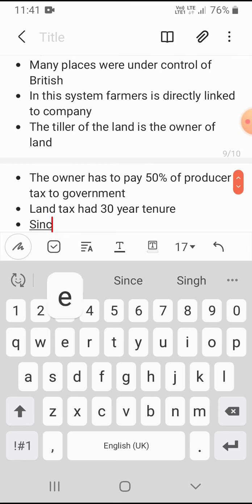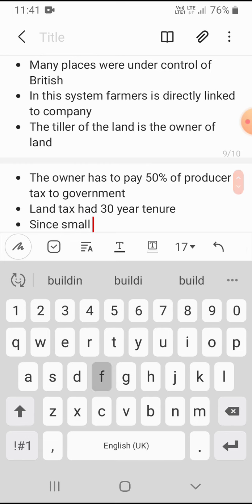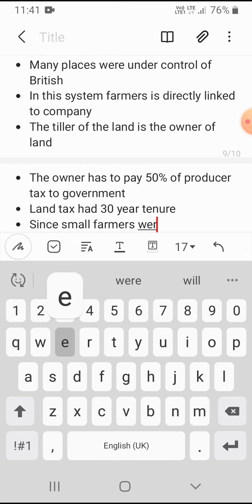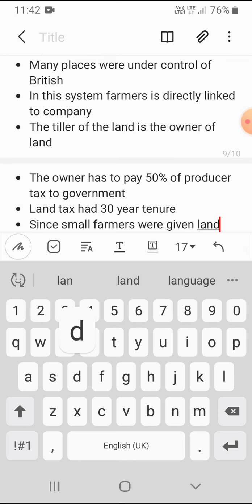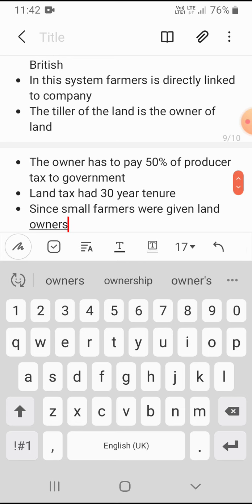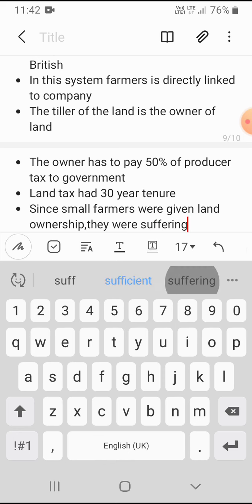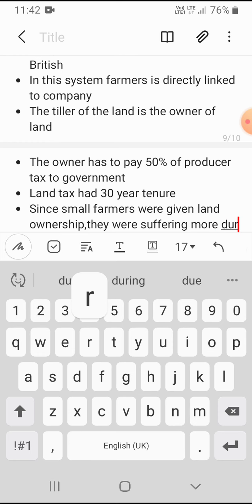Since small farmers were given land ownership, as land is given back to all farmers, but they were suffering more due to heavy rain.